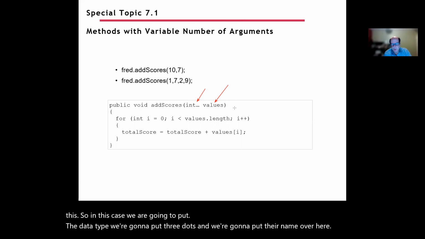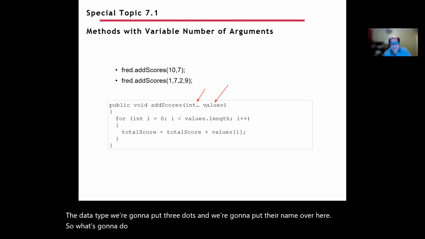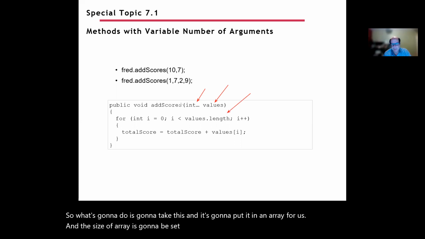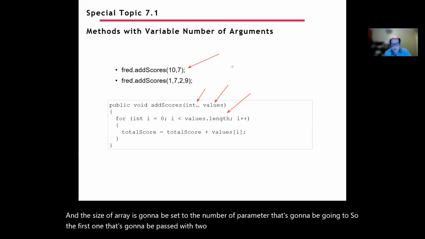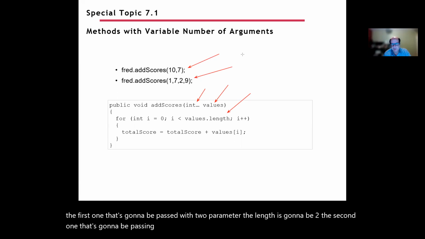What it's going to do is take this and put it in an array for us. And the size of the array is going to be set to the number of parameters passed. So the first one, passed with 2 parameters, the length is going to be 2. The second one, passed with 4 parameters, the length is going to be 4.